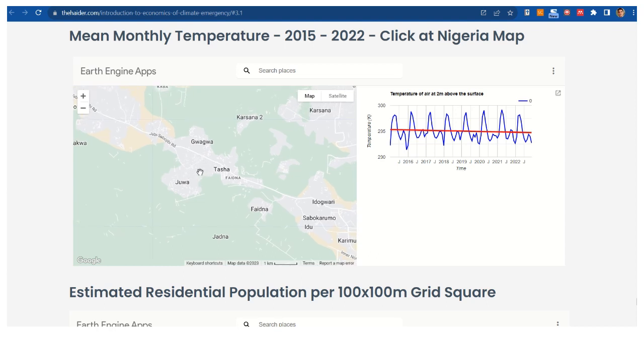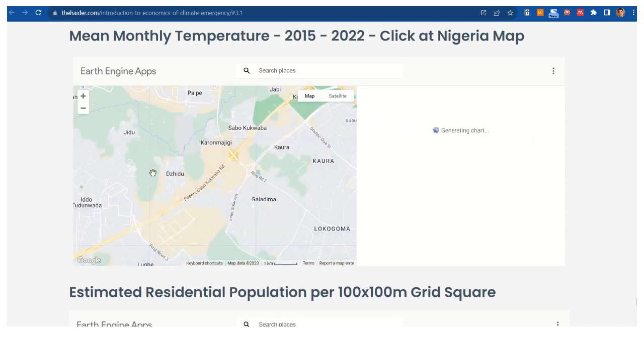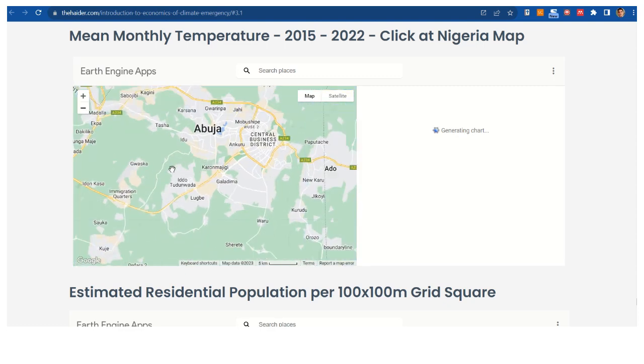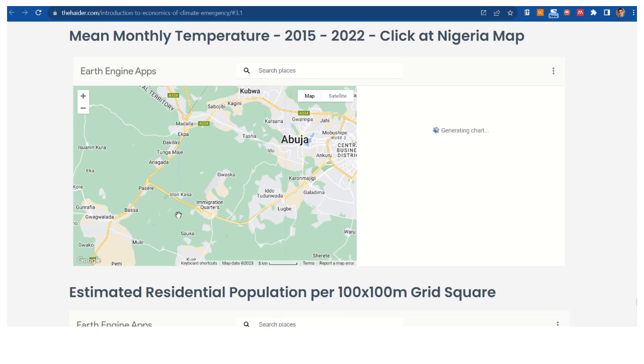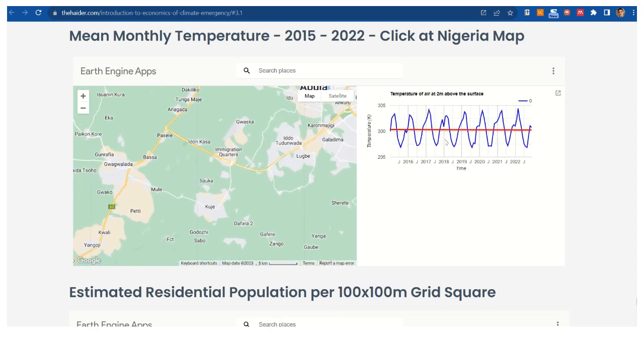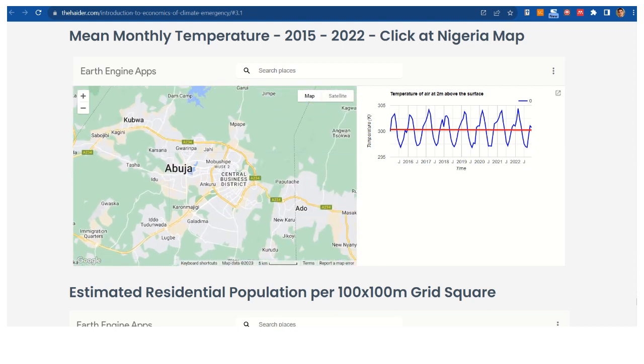So hopefully the temperature rise here is because of the clearing of the trees. You click here. There is no significant change in the temperature, but you can use this data.